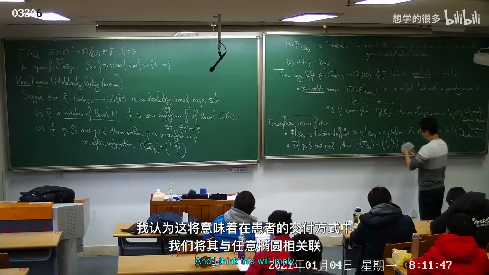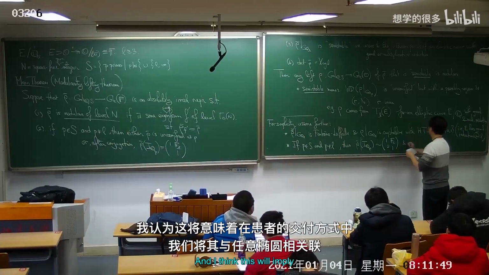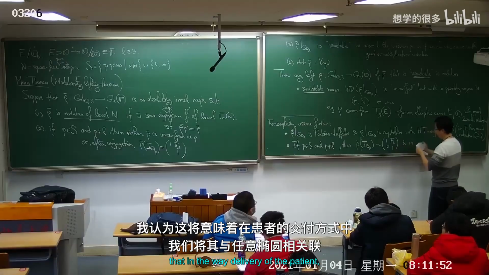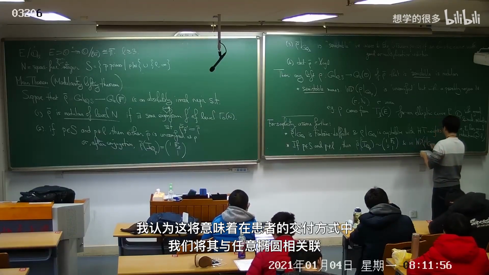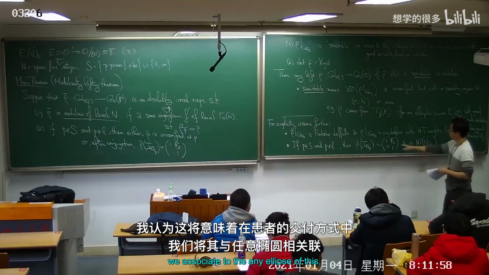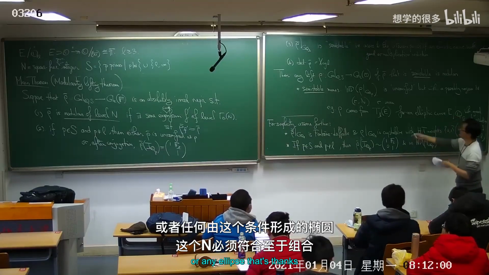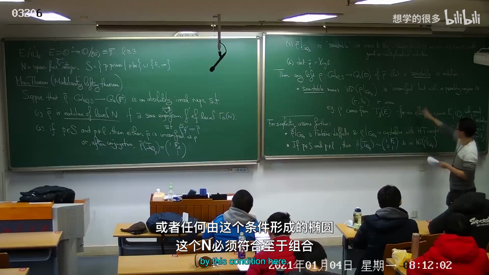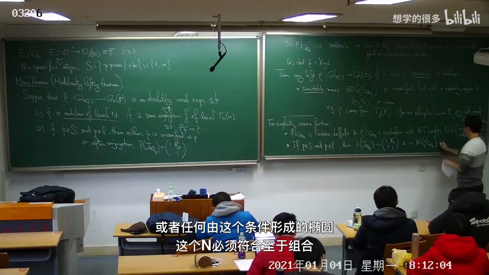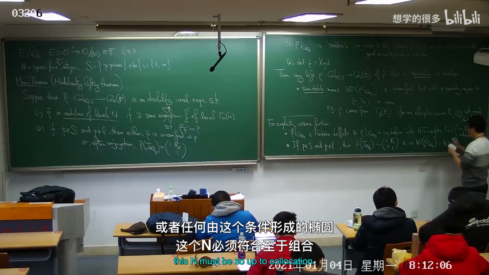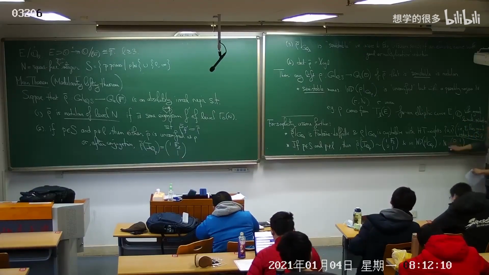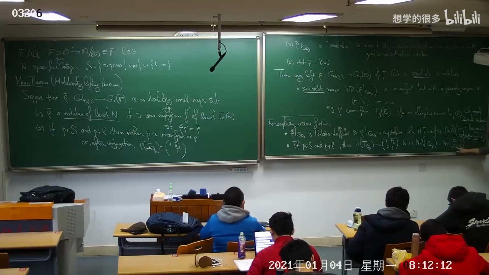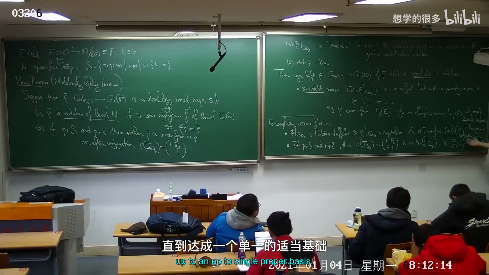And I think this will imply that in the Weil-Deligne representation we associate to any elliptic curve that satisfies this condition here, this N must be, up to conjugation, 0, 1, 0, 0, up to choosing a proper basis.